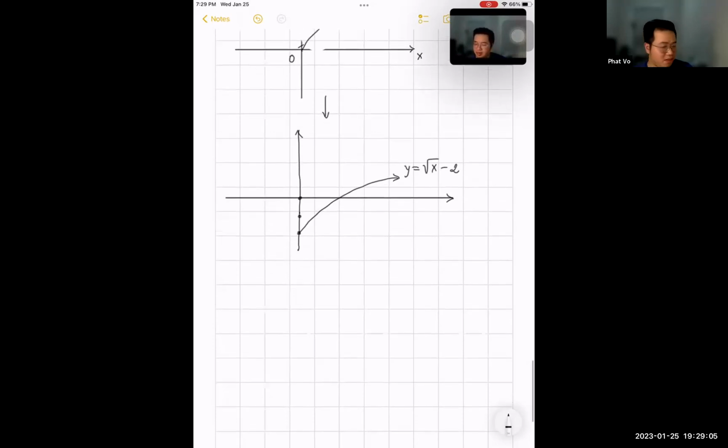Okay, so now we will go to the next point of this section today.